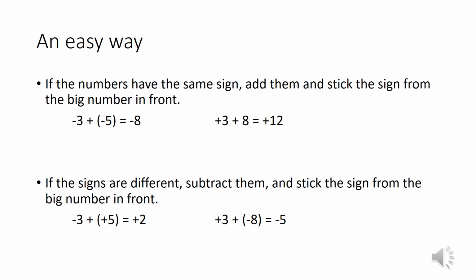In the last example, positive 3, add in negative 8. Well, the signs are different, plus 3 and a minus 8. So you subtract, you get 5. 8's the big number, it's got a minus sign in front, so your answer is negative 5.